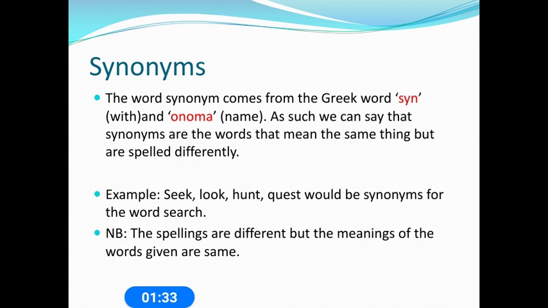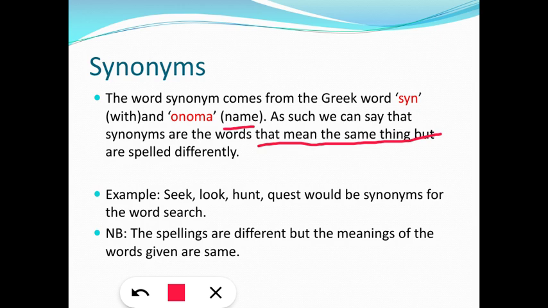The word synonym comes from the Greek words syn, which means with, and onoma, that means name. As such, we can say that synonyms are words that mean the same thing but are spelled differently. So please be pretty sure of this fact that though the spellings are different, the words have the same meaning, right?